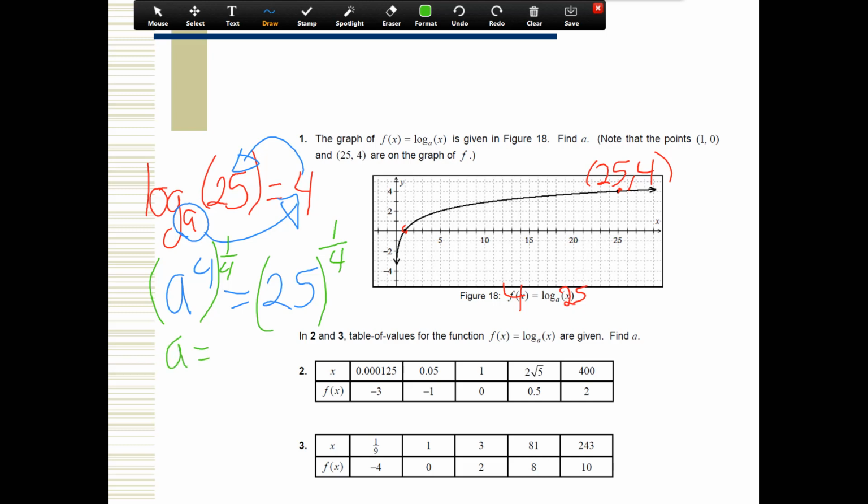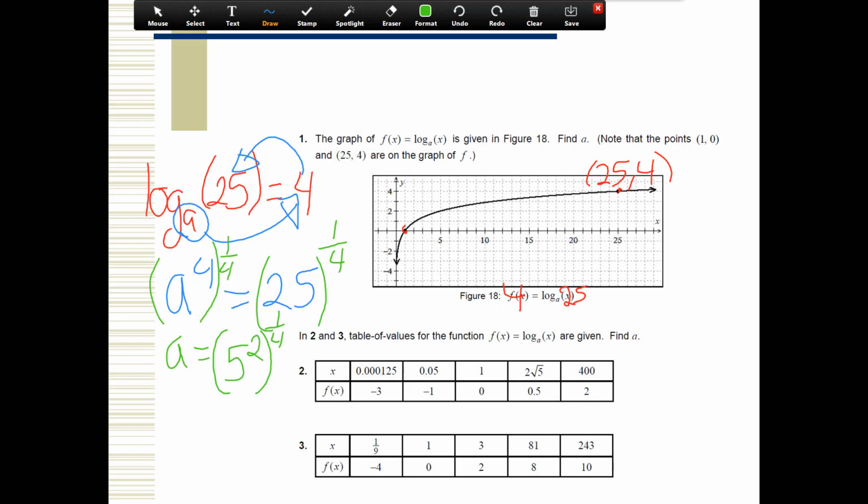Now, when I write the other side, I want to be able to simplify things, and I notice that 25 is 5 squared. So why don't I switch it to 5 squared, and we'll see that we actually get a much simpler answer than if we were to just write the fourth root of 25. So I'm going to do 5 squared instead of 25, and I'm still raised to the 1/4.